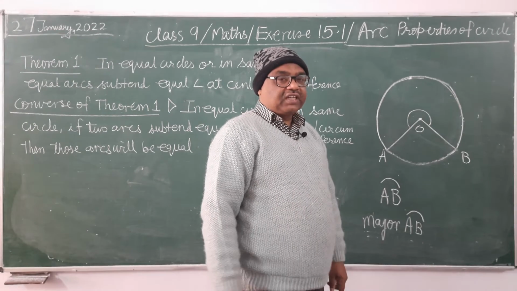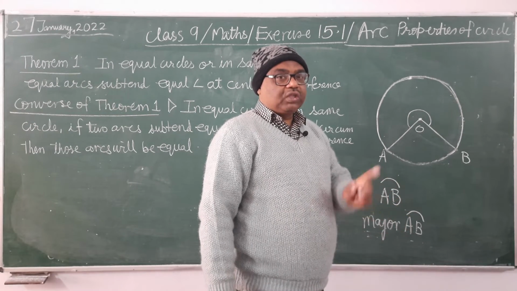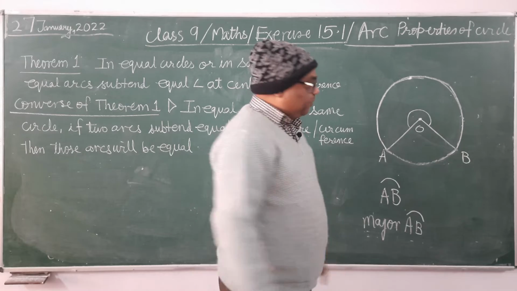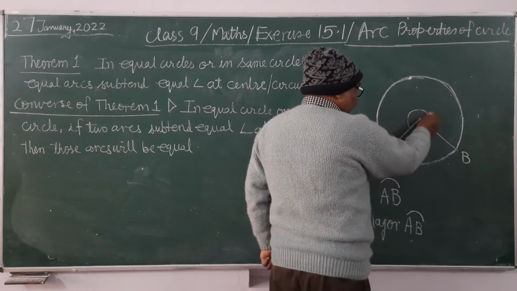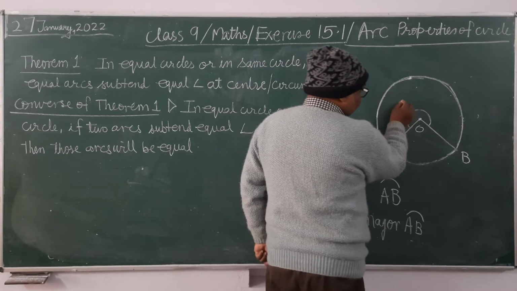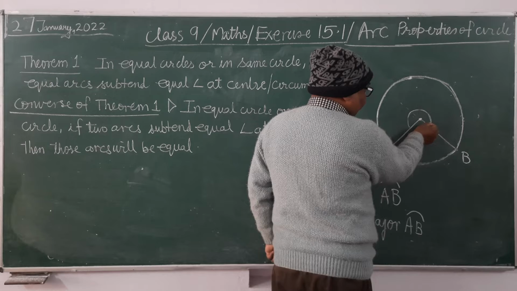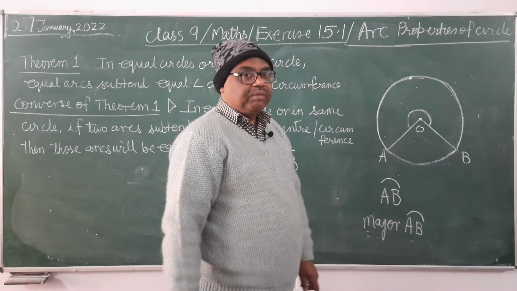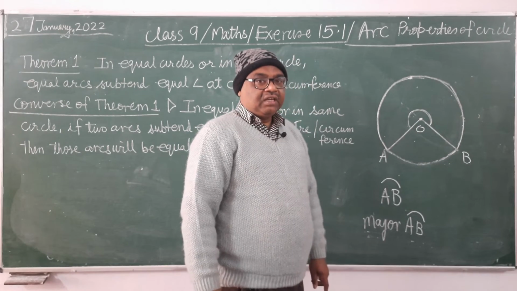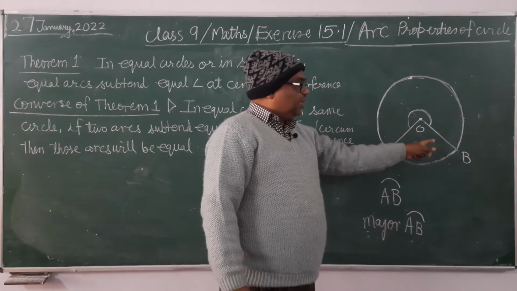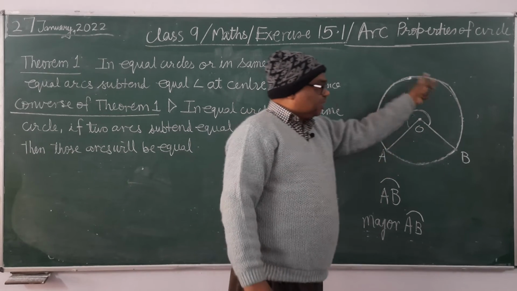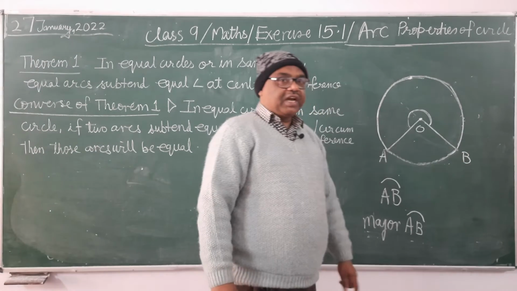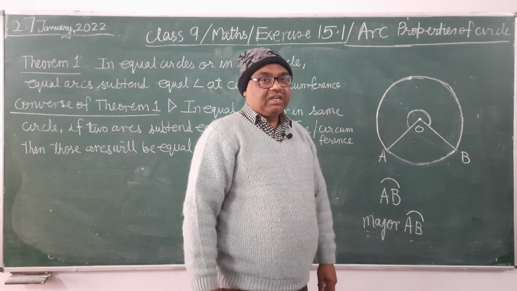What is a reflex angle? An angle which is more than 180 degrees. If you measure this angle, it will be more than 180 because 180 completes here. So reflex angle AOB will be the angle subtended by major arc AB at the center.